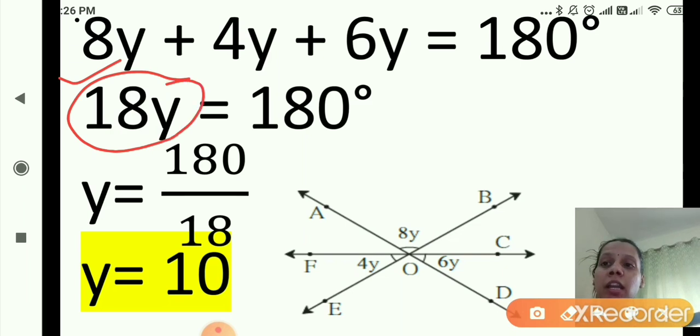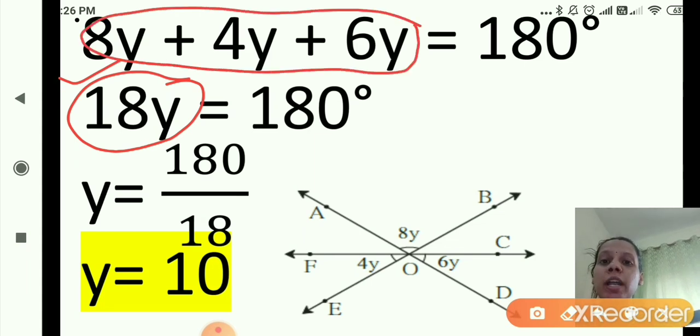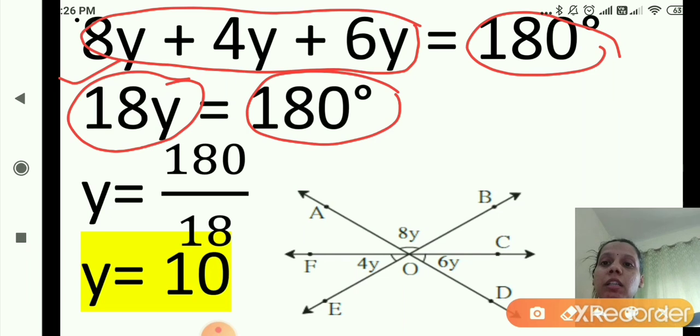Why have we written 18y here? 8y plus 4y plus 6y is equal to, do the addition. 8 plus 4 plus 6 is equal to 18. So we will write down 18y is equal to 180 degree, which is given here. So we will write that down as it is, correct?